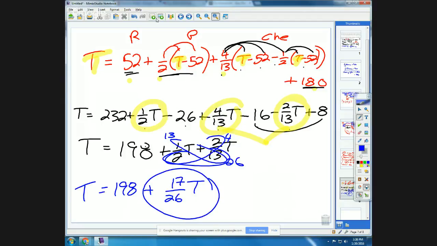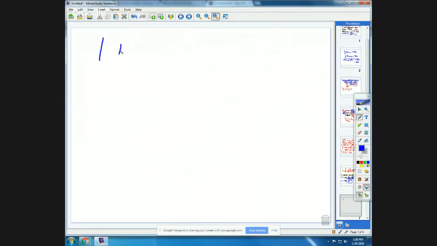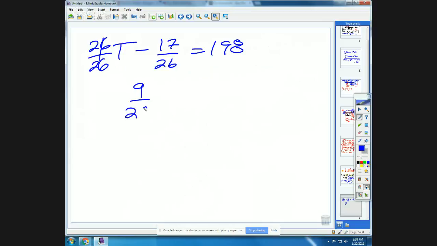So I got to deal with 1t minus 17/26 equals 198. 1 is the same as 26 out of 26. So really, I just need to consider 26 minus 17. So 9/26 of t is equal to 198.